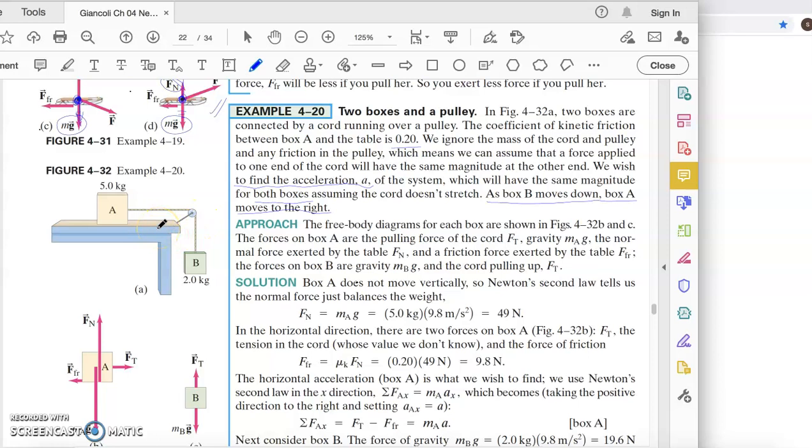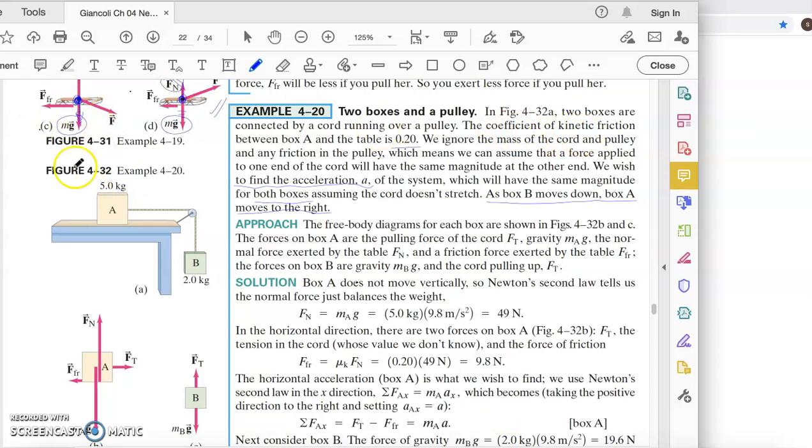So this is kind of a combination problem. We want to see how do we solve this kind of a problem. First of all, we want to know what are the given things. There are two boxes, and here their masses are given, object A, object B, and also he's giving to you the coefficient of the kinetic friction.